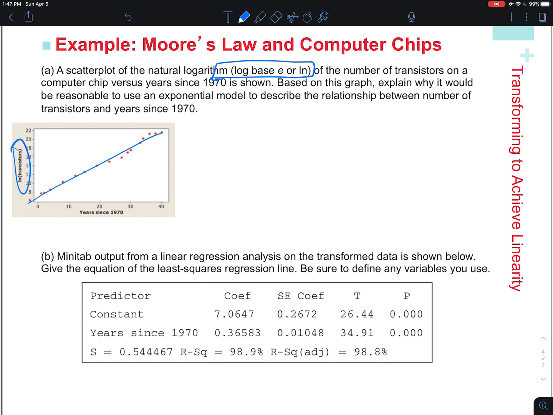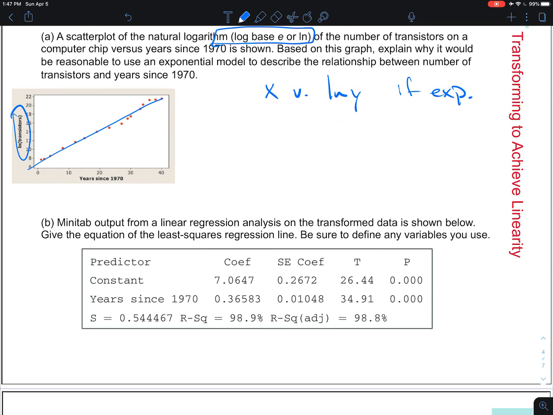So really, if the relationship seems to be exponential, then x versus log y is a great strategy to try and fix that. That's kind of the argument here. So x versus log y if the relationship seems exponential. And it worked, so it probably was an exponential relationship.